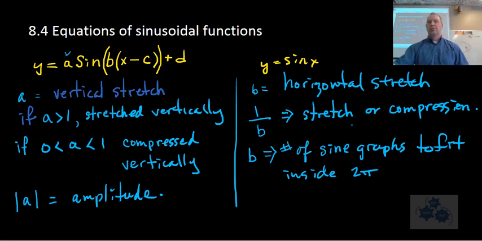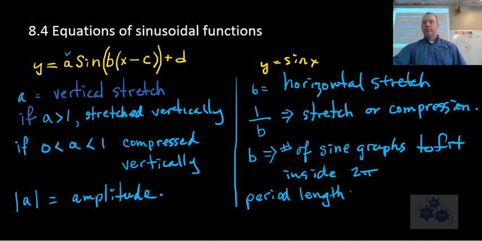So if it's compressed by a half, that means you can fit 2 in there now. Here's another thing: the period length equals 2 pi divided by b.